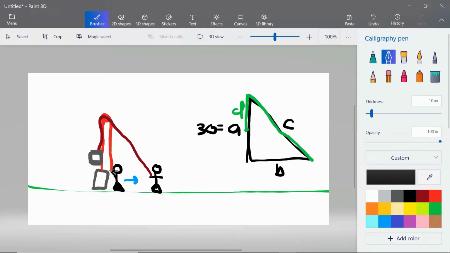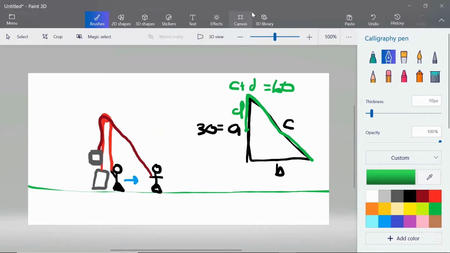So the rope had to be 30 plus 30, which is 60. And that means this length, D plus C, always has to be 60. So C plus D equals 60. And then we can use the Pythagorean theorem with 30, B, and C.